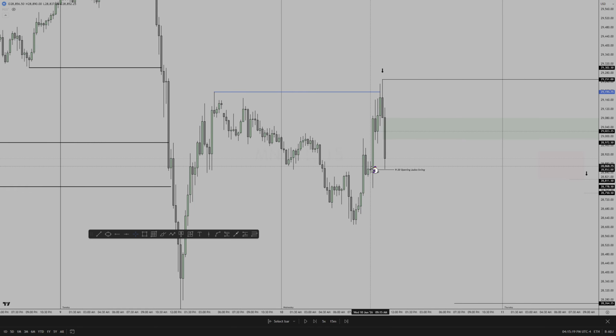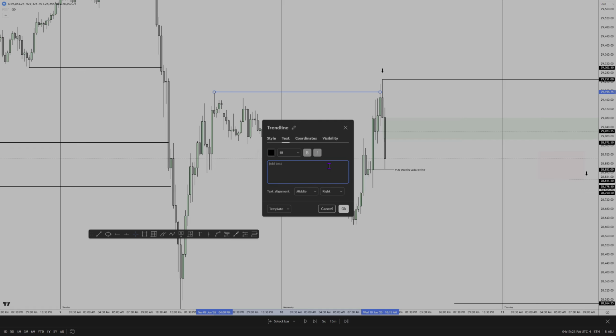In the initial leg going up, we sweep this short-term buy side resting above here, the same way we did on Monday and Tuesday's delivery. We have it here with a short-term high instead.